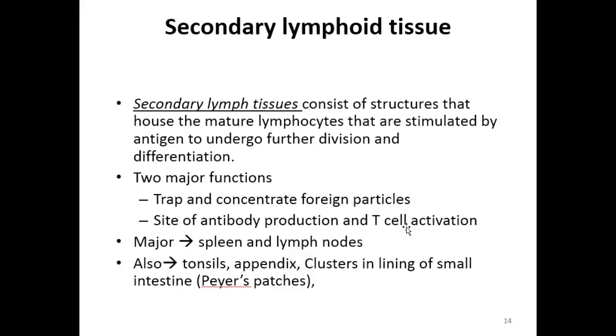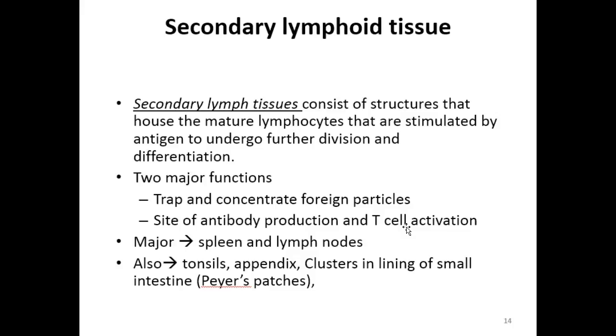On the way, that matter that has been destroyed by the body is checked in these secondary tissues where the lymph connects to lymph nodes or spleen, right? It's checked for foreign material. And if that foreign material meets certain criteria, then you can stimulate a secondary or adaptive immune response from all those lymphocytes that are hanging out there.